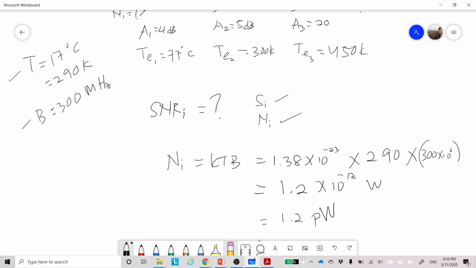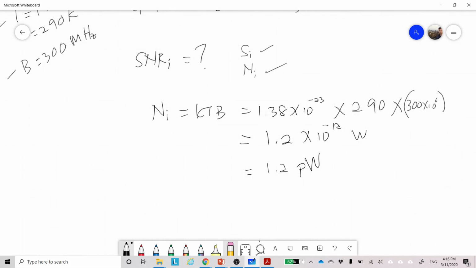Boleh cuba kira. So 1.2 kali 10 kuasa negatif 12 watt.